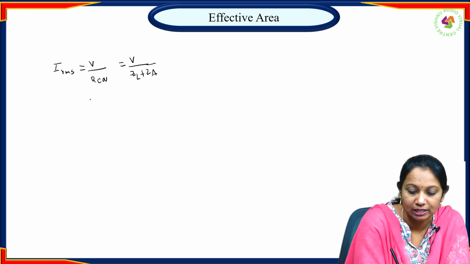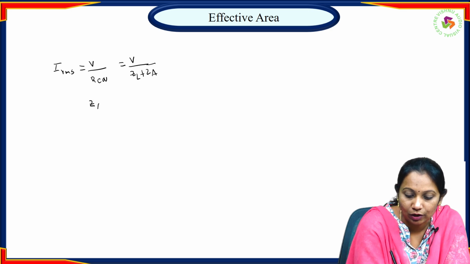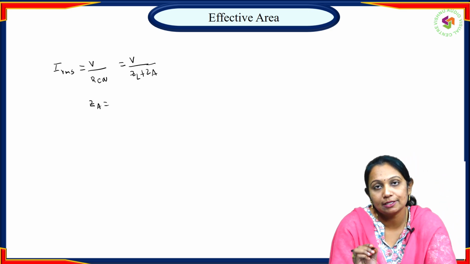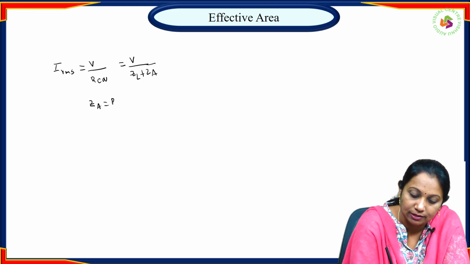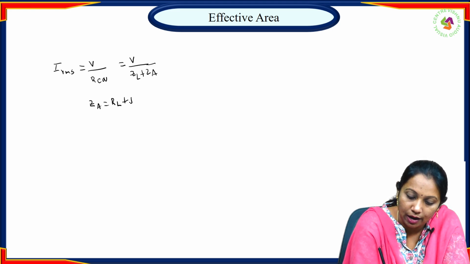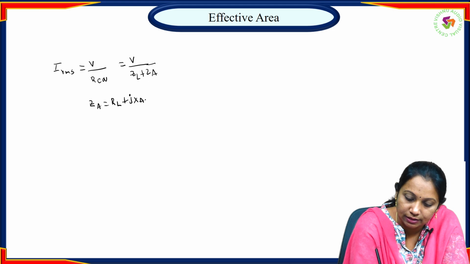Now we can write the expression: if it is a complex antenna system, ZA can be written as RA plus jXA.